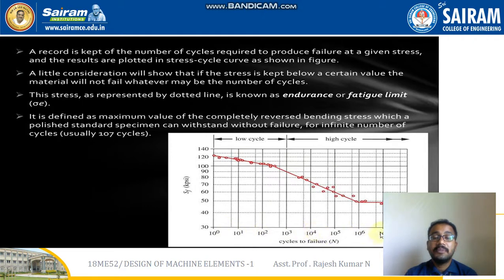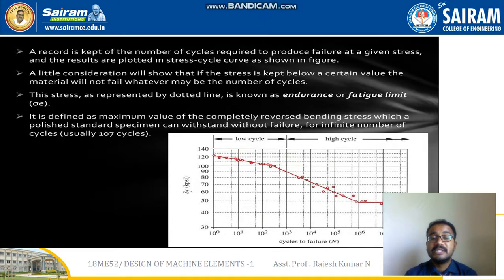And the y-axis is the failure value, that is, the stress value, starting from 30, 40, 50, 60. When the material goes under the repeated stress cycle, that is the rotation, you can see there is a reduction of the stress value. It means the material quality is degrading, and this is very natural for almost all materials.